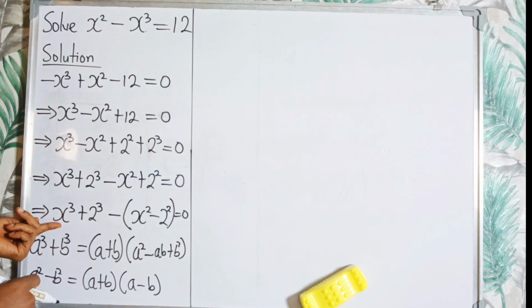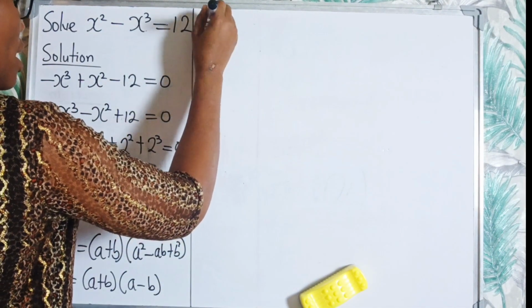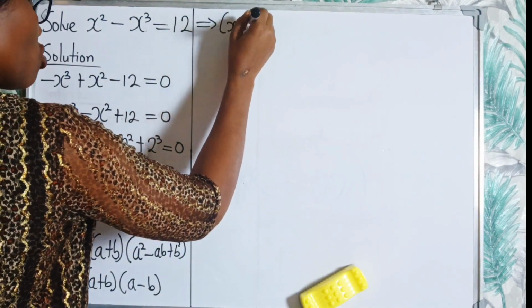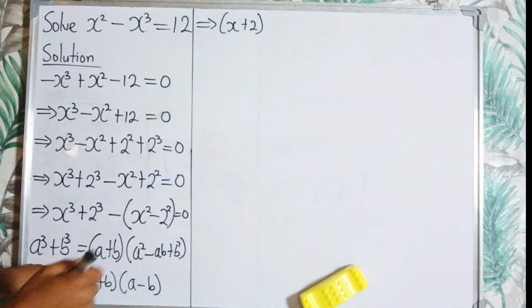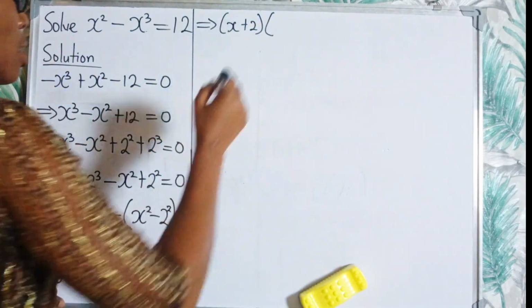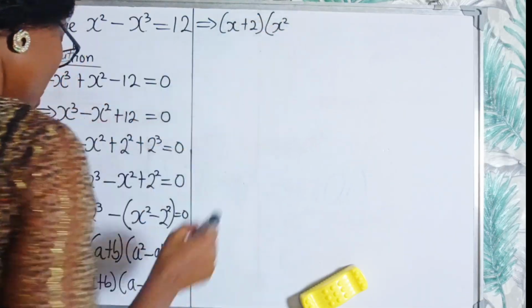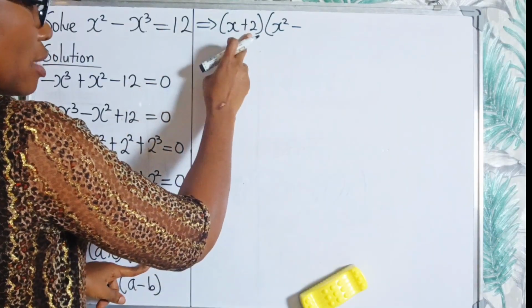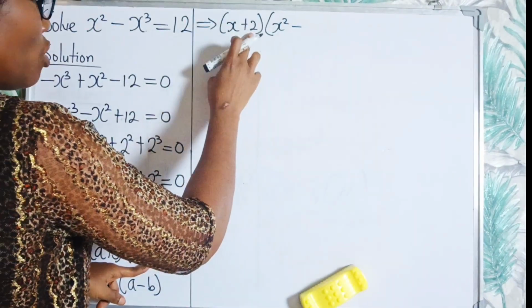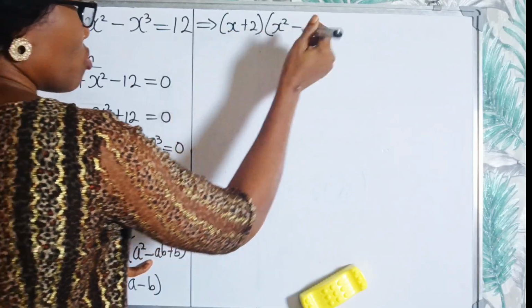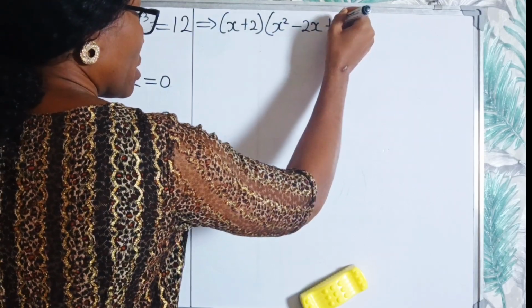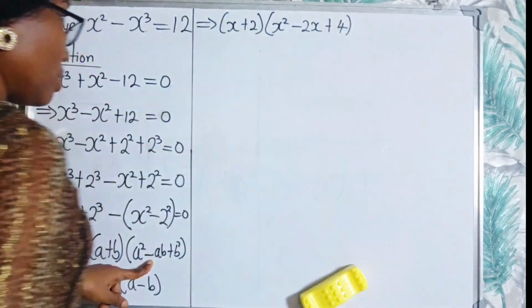Our x cubed plus 2 cubed will now be equal to x plus 2 into x squared minus ab, where x and 2 represent our a and b, so minus 2 times x, or x times 2, is 2x, plus 2 squared. 2 squared is the same thing as 4, so let me just write 4 there.